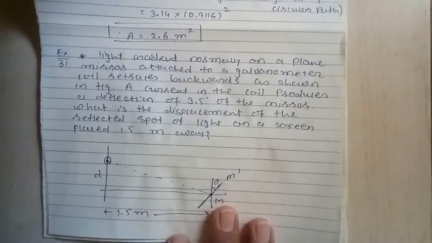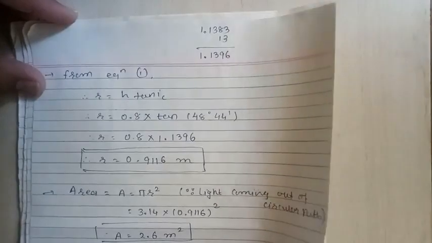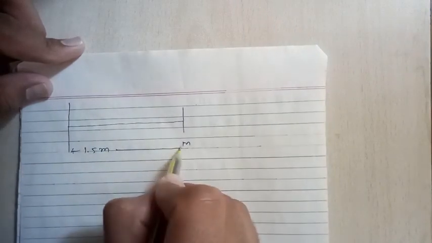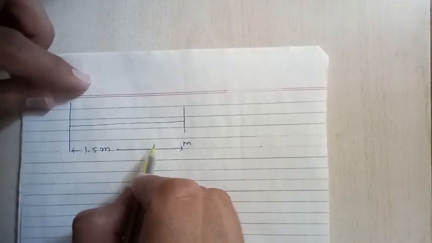So here I redraw the figure like this. See, this is the initial condition, when the mirror M, this is the screen, and the distance between mirror and screen is 1.5 meter.